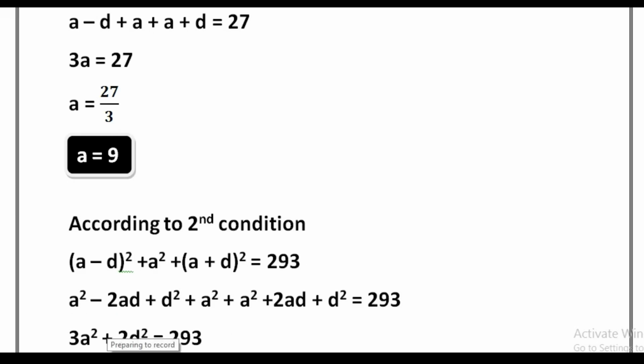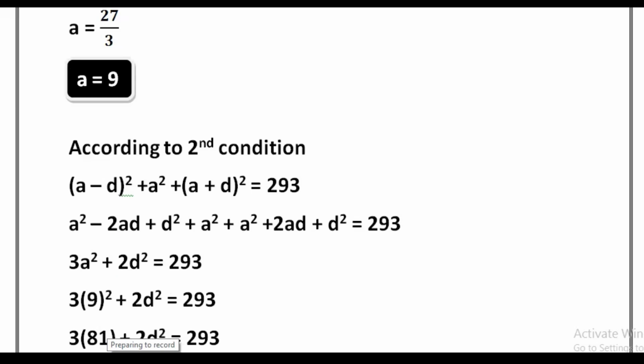So a square plus a square plus a square is 3a square, minus 2ad plus 2ad cancel, and d square plus d square is 2d square. So 3a square plus 2d square is equal to 293.